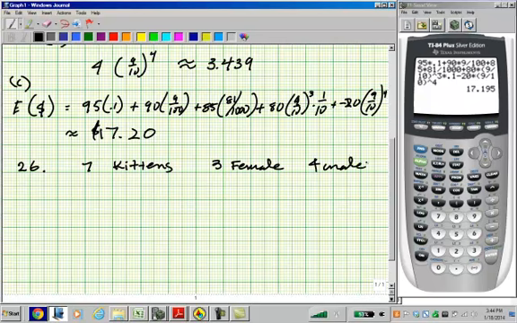Now, these are disjoint. That is, they are not independent and they have no overlap. Now, one of the things you want to be aware of, if probabilities are disjoint, they have no overlap. If they're not disjoint, then they do have overlap.